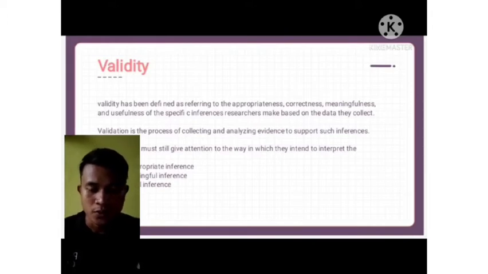So we can conclude here that validation is the process of collecting and analyzing evidence to support such inferences. A researcher must still give attention to the way in which they intend to interpret the information. The first is an appropriate inference, the second a meaningful inference, and the last a useful inference.